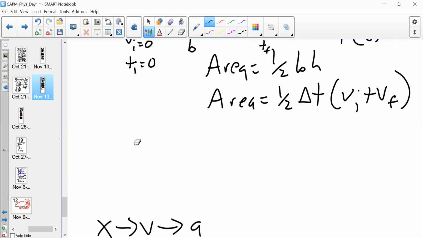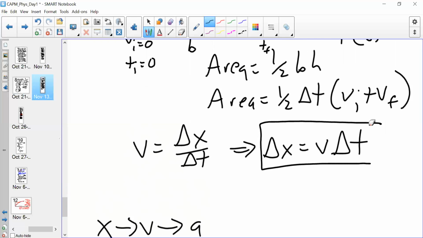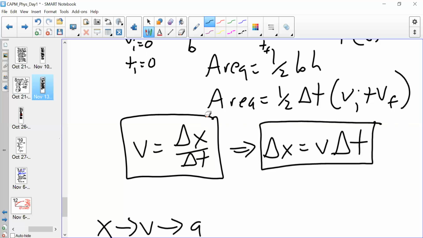Let me write up the velocity equation yet again. We know that this is a slope equation. So if I want to solve for a displacement here, I say delta x is going to be velocity times delta t. Every time I see a multiplication, that's an area. Every time I see a division, like this velocity equation, that's a slope.